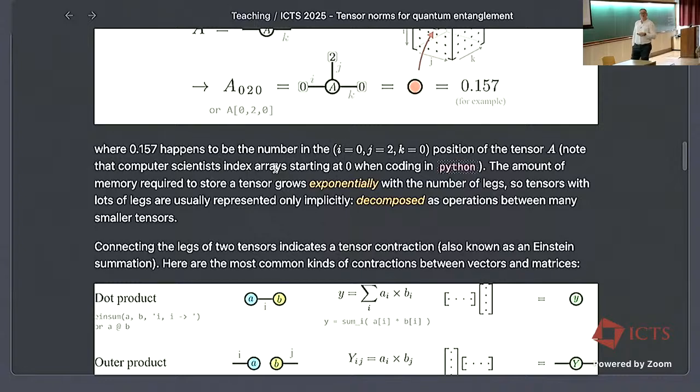Whenever you have a full edge, you should think that there is a sum on the index which sits on this edge. Here I have the sum over i, so I get the sum of the i-th coordinate of A times the i-th coordinate of B, which is the scalar product between A and B. The result is a scalar because this object doesn't have any legs sticking out.